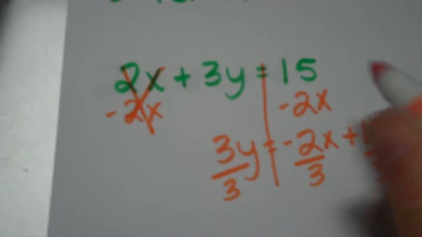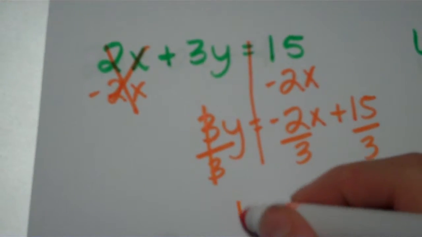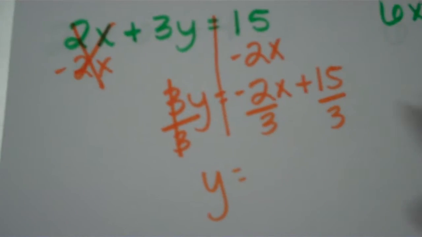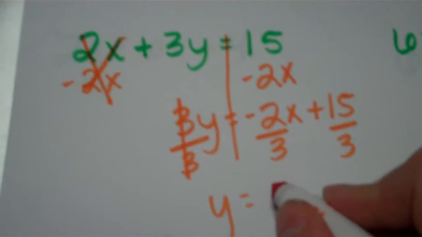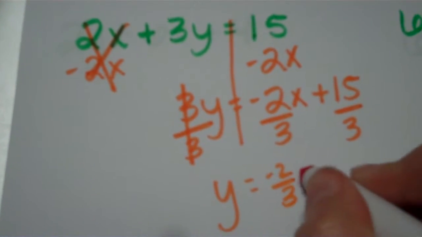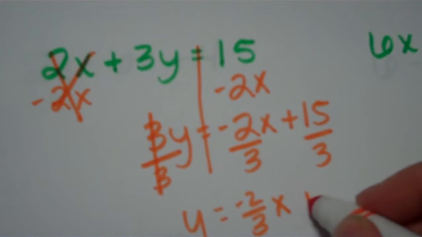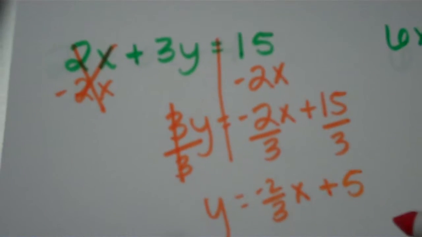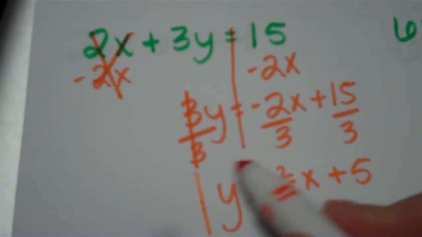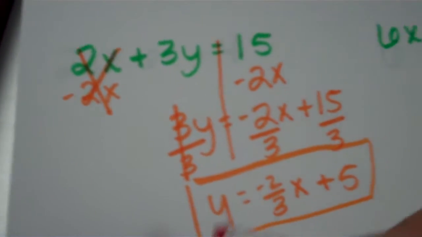This should be familiar. We're used to this, hopefully. So y equals, you put this in the calculator, but I'm just telling you negative 2 divided by 3 is just negative 2/3 x. And then a positive 15 divided by 3 is a positive 5. Okay? That one's done. Let's go do the other one.